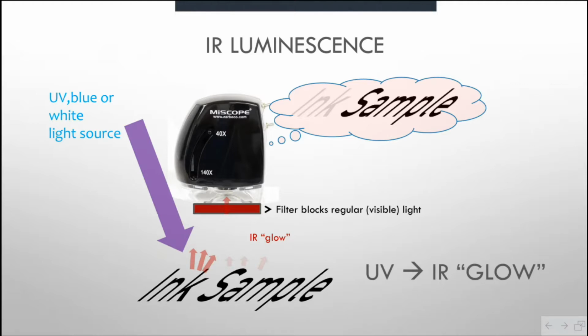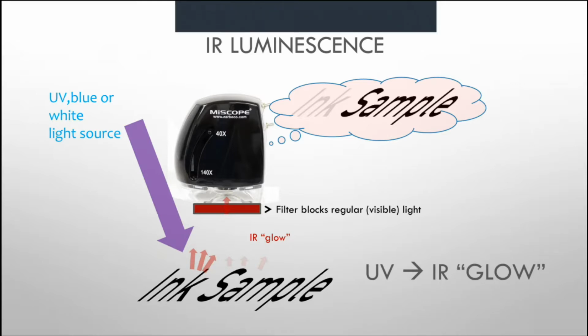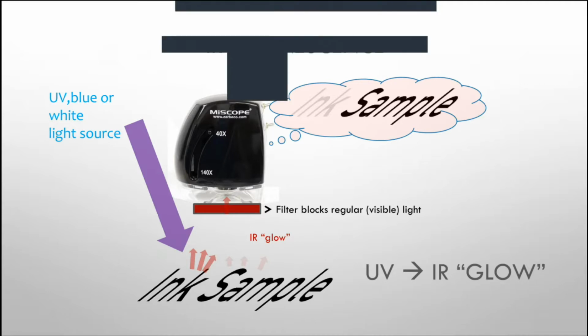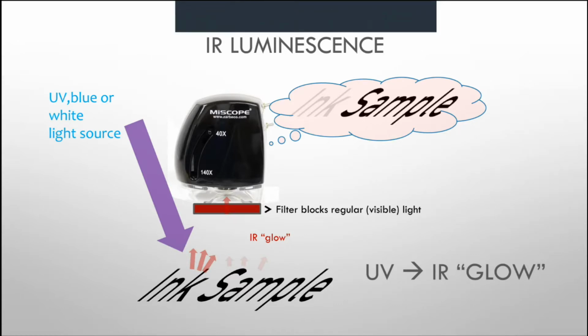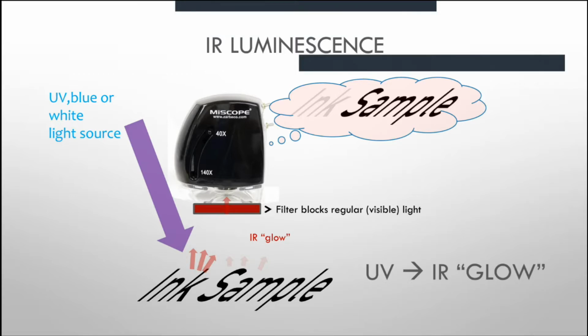So now let's look at this other process called IR luminescence. In this case, what's going on is we're not using the lights that are built into the MiScope, although we can, but we have another way of doing that, and we'll show what we call our filter wheel.